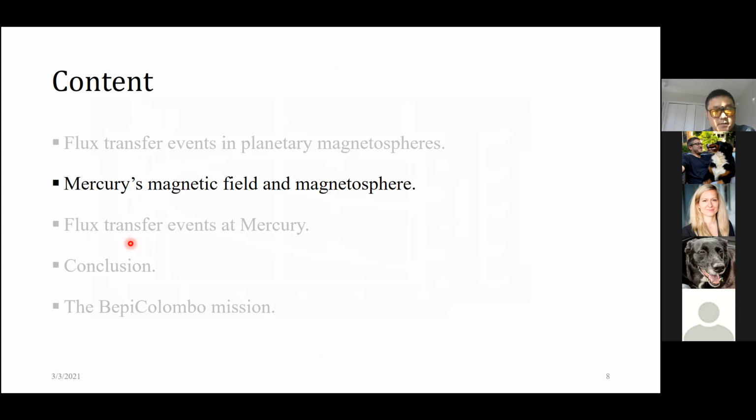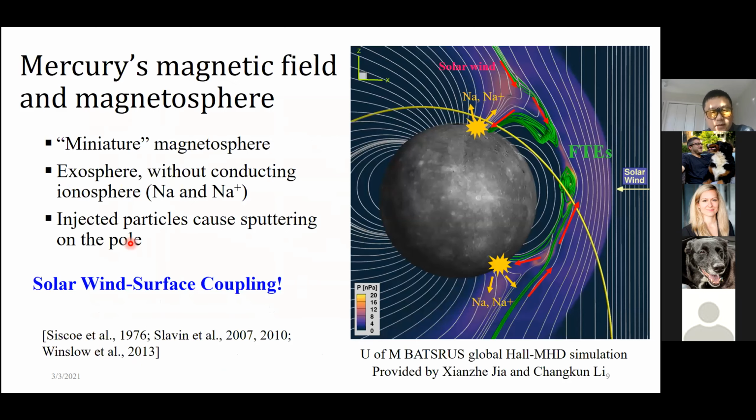Okay, so let's move to the next part, Mercury's magnetic field and magnetosphere. On the previous page, we introduced that Mercury contains a small dipole compared to Earth's dipole, and Mercury is embedded in a much stronger solar wind compared to Earth.